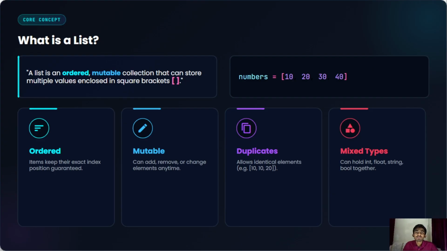This is completely normal. For example, multiple students may score the same marks. Finally, a list can store mixed data types. For example, a list can store integers, floats, booleans, and everything else in the same collection. This flexibility makes lists extremely useful.